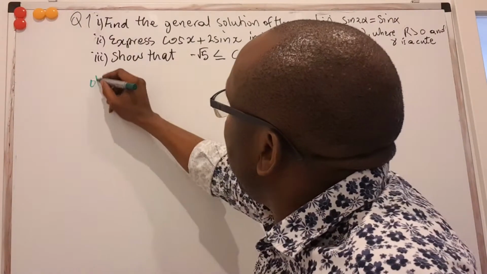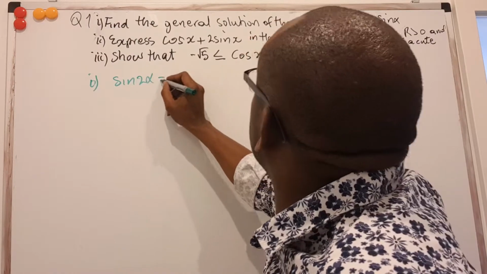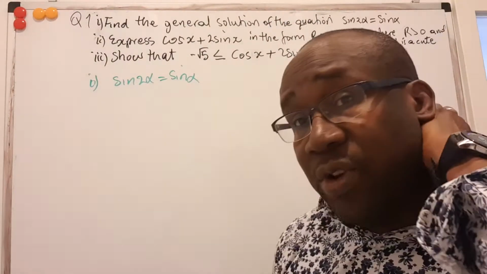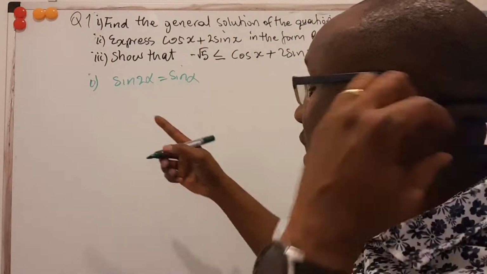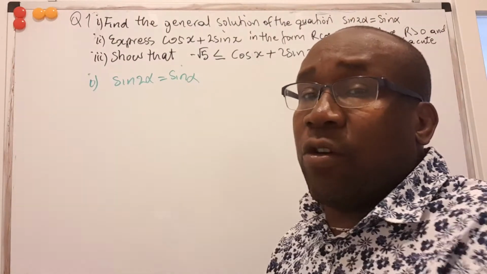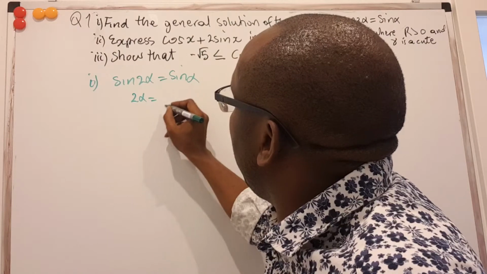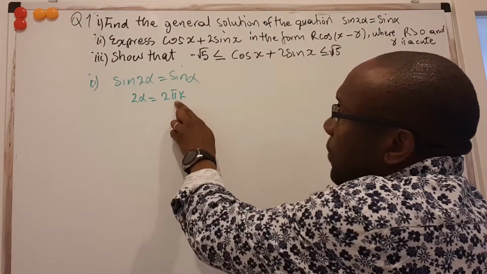So the first one we expect to look for the general solution of sine 2 alpha is equal to sine alpha. This is just to remind you about how to get the general solution of a trigonometric function. For the sine, we know the sine is positive in the first and the second quadrant. So it means here the 2 alpha would be equal to 2 pi k, because sine is a periodic function with a period of 2 pi.